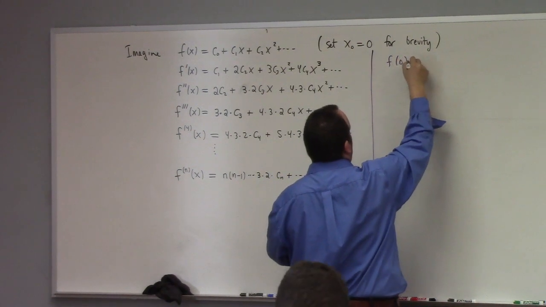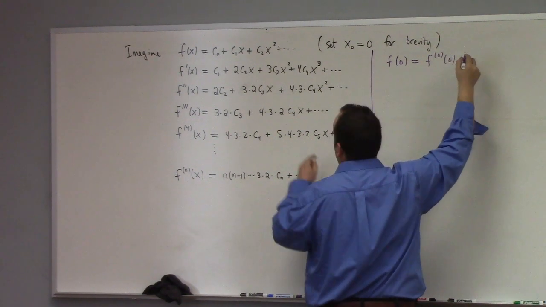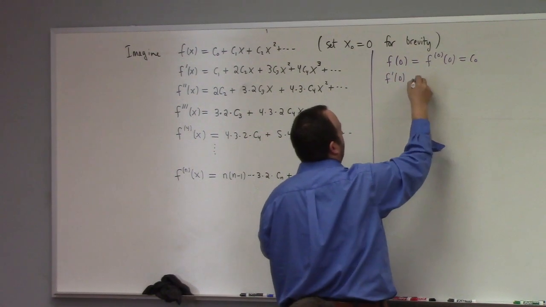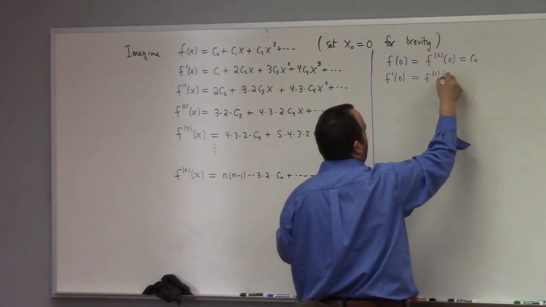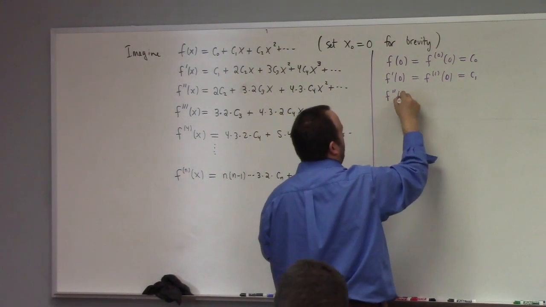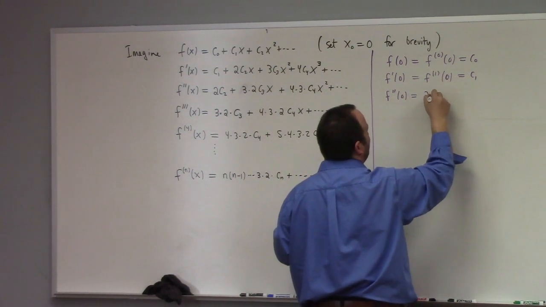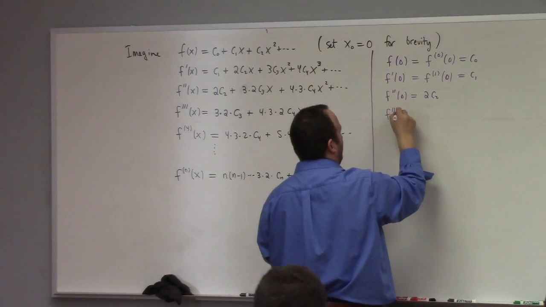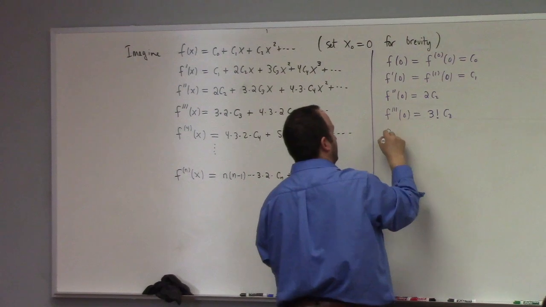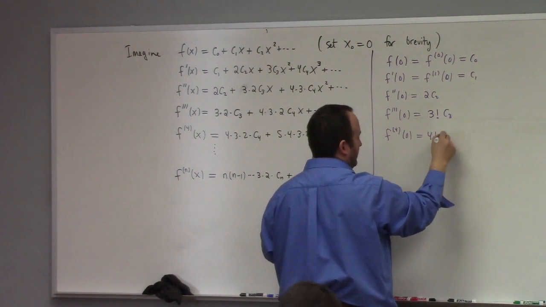F of 0, also known as f parentheses 0 of 0, is c0. F prime of 0, also known as f parentheses 1 of 0, is c1. F prime prime of 0 is 2c2. F prime prime prime of 0 is 3 factorial c3. And the fourth derivative at 0 is 4 factorial c4.